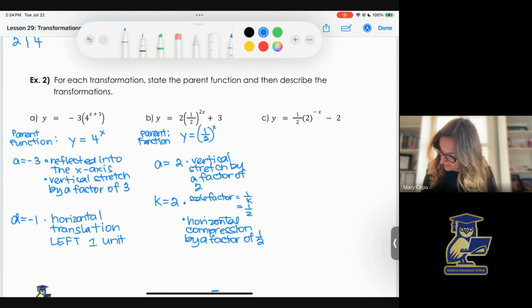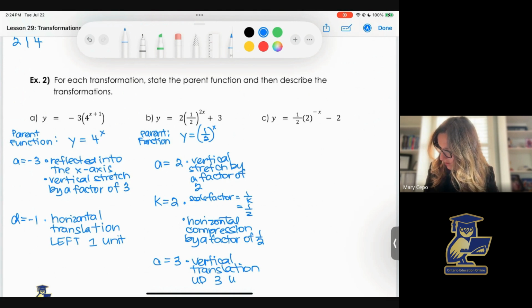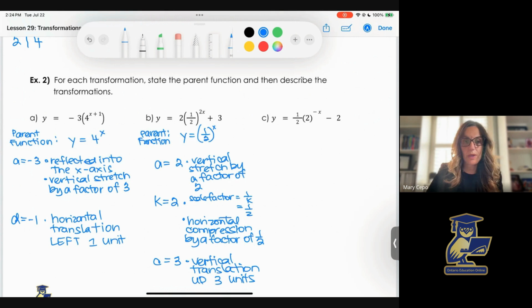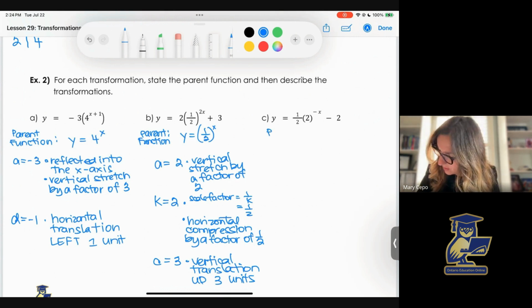Okay. c value, there's no d value, sorry, I should say. And then the c value is 3. So we have a vertical translation. Again, the direction, the units. So we're going to say up 3 units. Excellent.